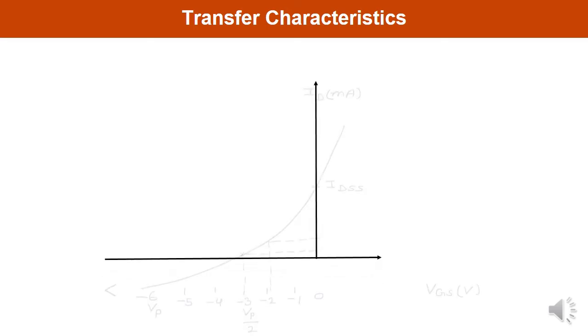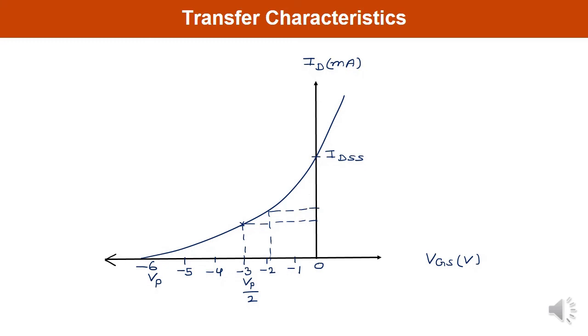Transfer characteristic curve is plotted between the drain current and VGS. VGS is the input voltage, in volts. ID is the current, which is in milliamperes. So you can observe over here, depending upon the magnitude of negative bias VGS, when you are moving from right to left, the value increases from 0 to -1, -2, and so on.